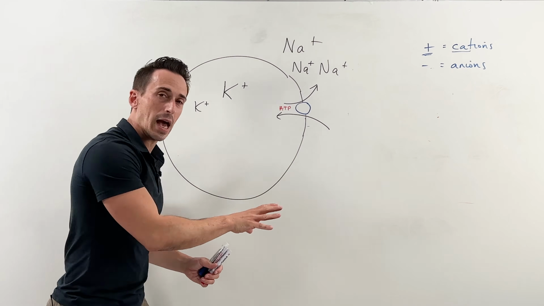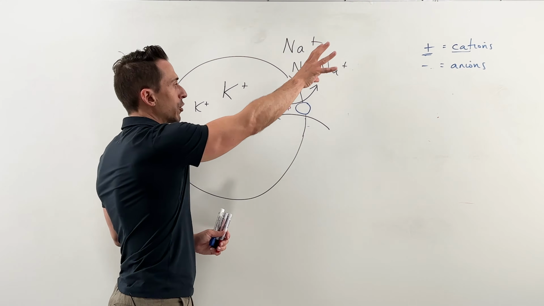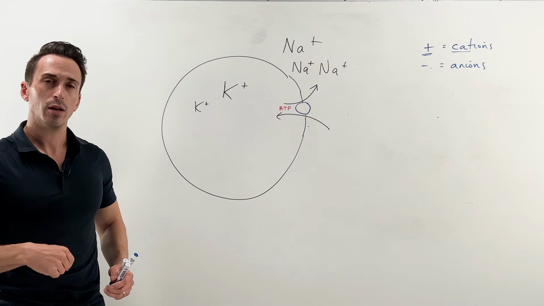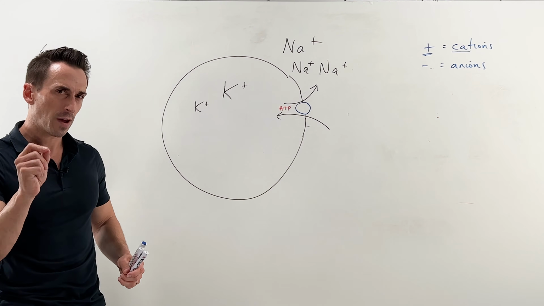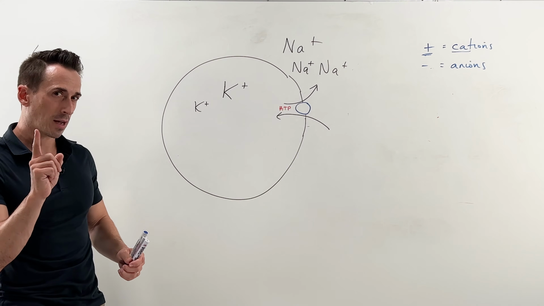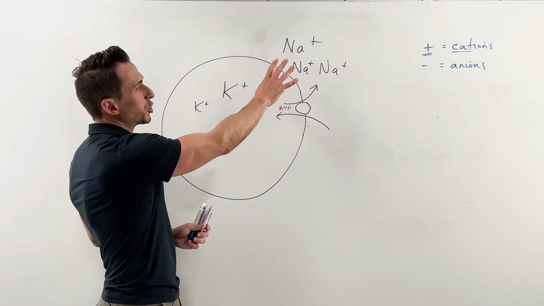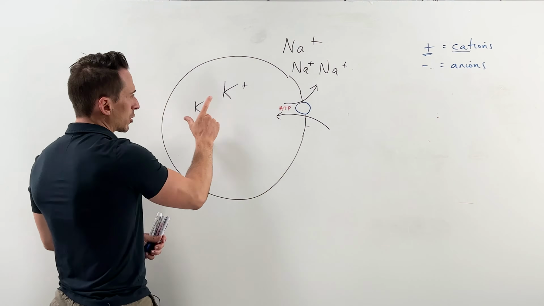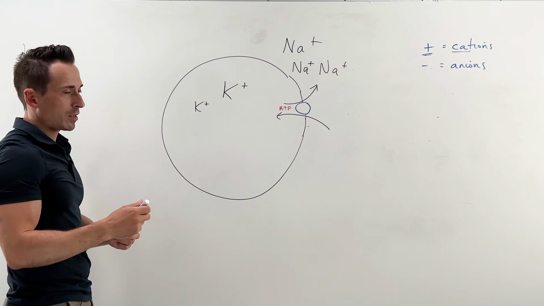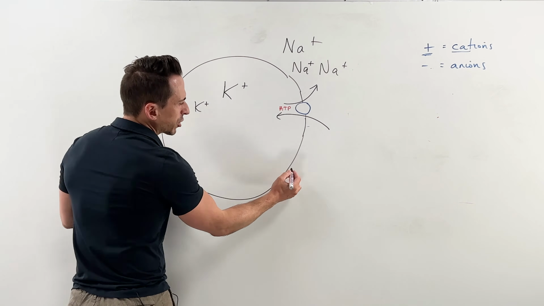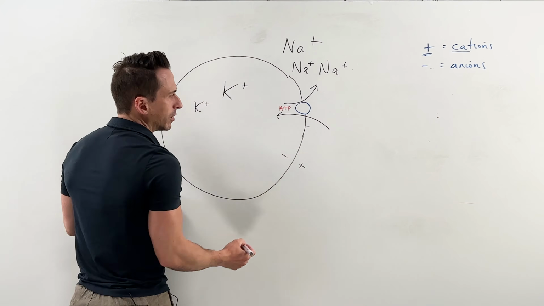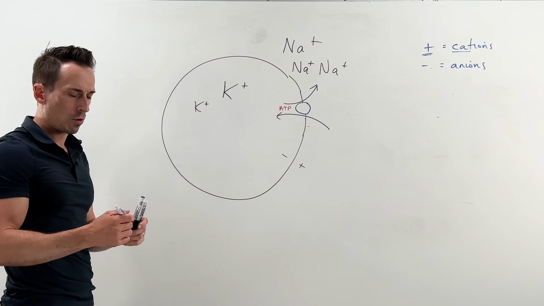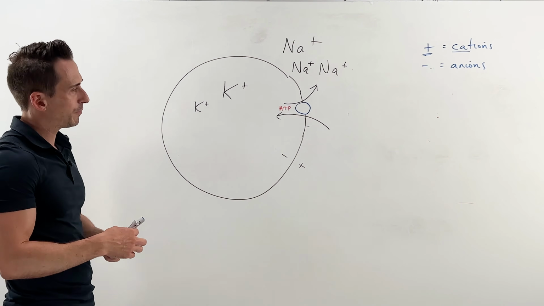It is what creates the gradient of sodium outside and potassium inside. Very important. And it's important for a couple of reasons. I'll tell you why. Look at the charge associated with it. At the end of the day, we've got 3 positive things outside, 2 positive things inside. So that means if I were to look at this cell, it's going to be slightly positive outside compared to inside. All right. But the other thing is this.